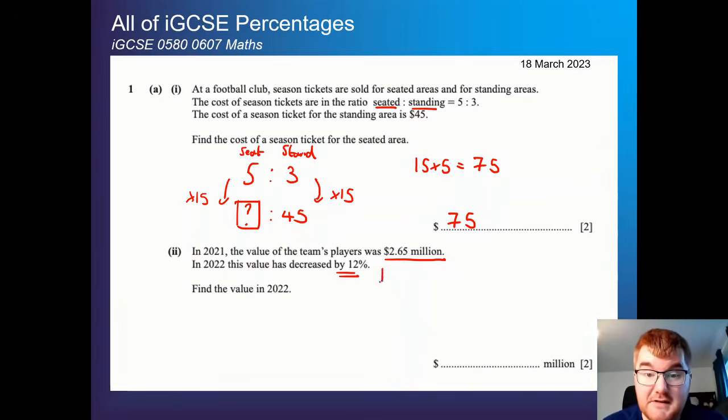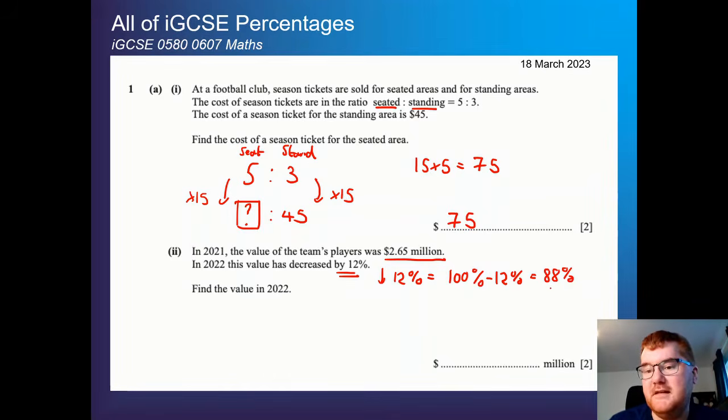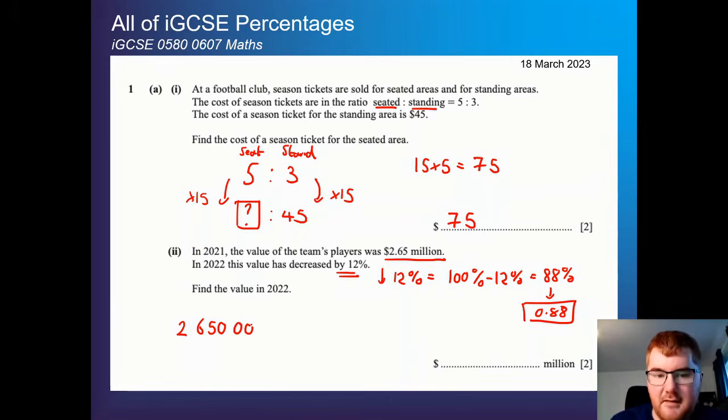So if we're decreasing by 12%, you know the procedure at this point. So 100% minus 12% is equal to 88%. This is the decimal 0.88. So all we need to do here is take our 2.65 million, so 2,650,000, and then multiply this by 0.88.